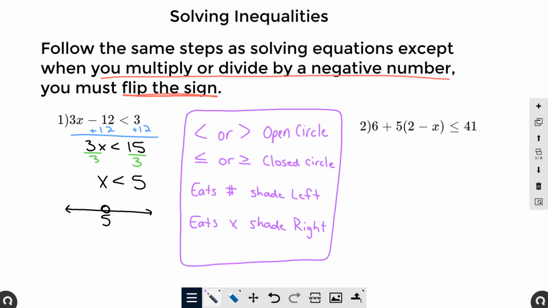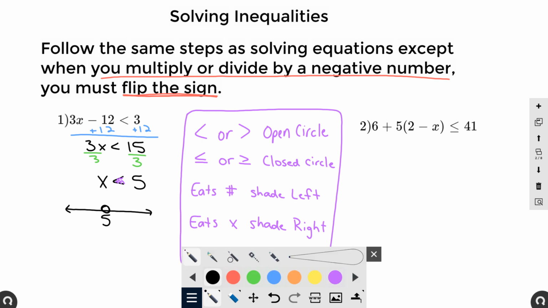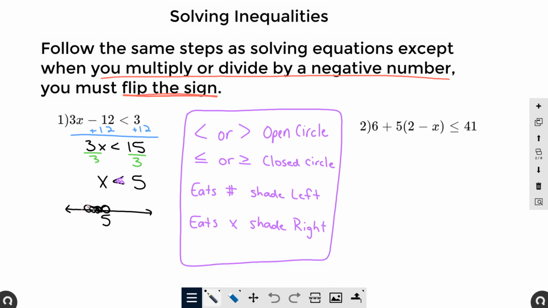So if it eats the number, shade left. If it eats the variable, you shade right. So in this problem, it eats the number. Like we can put some little teeth on here. Chomp, chomp, chomp, chomp, chomp. Get it? Okay. All right, so we're going to shade it to the left.